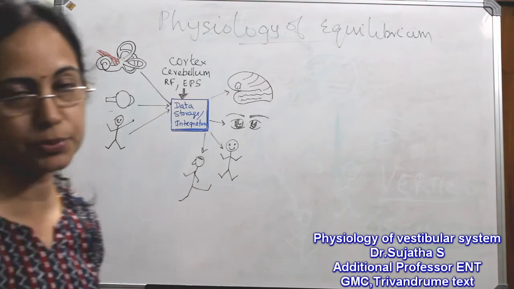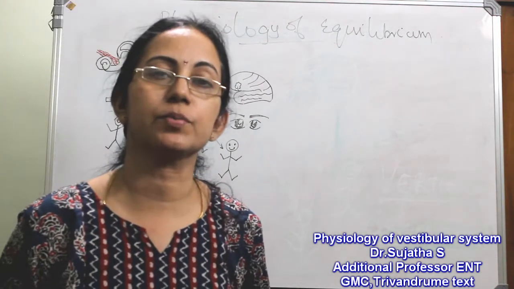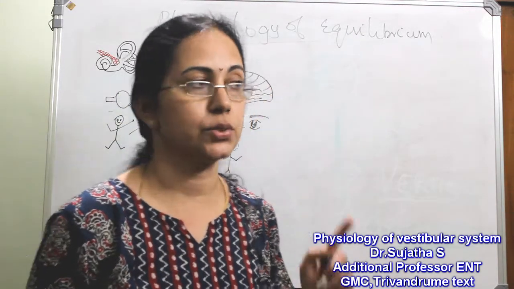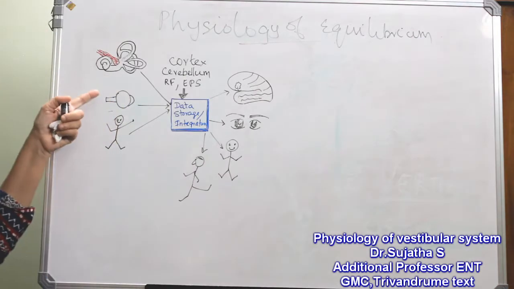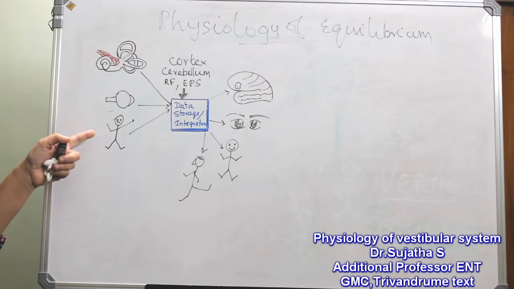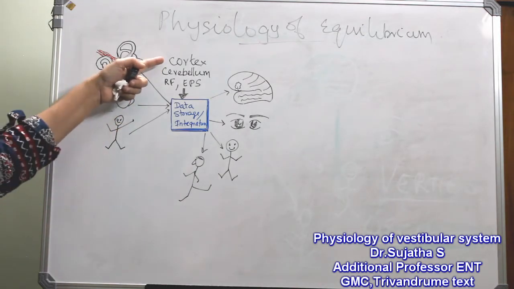What is proprioception? Proprioception is the movement of small joints along with the superficial sensation, right? So this vestibular system along with the visual as well as the proprioceptive signals are sent to the brain.